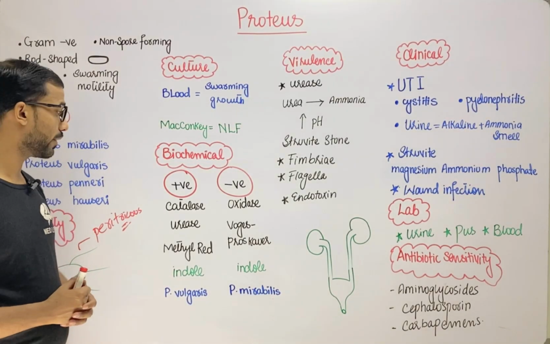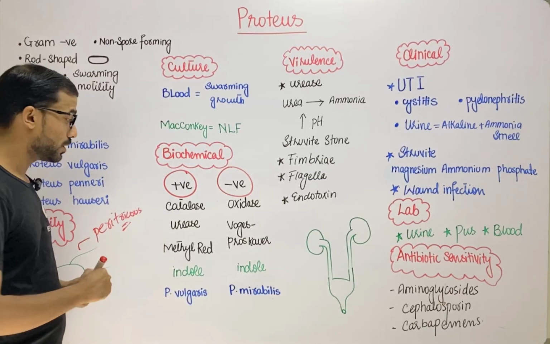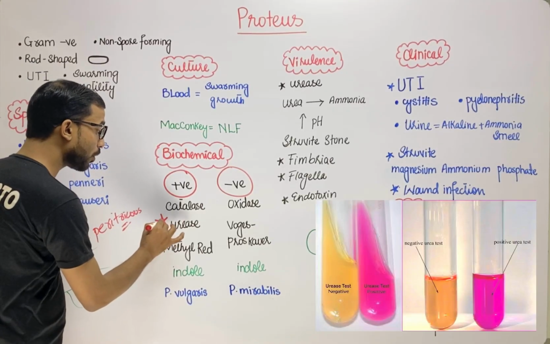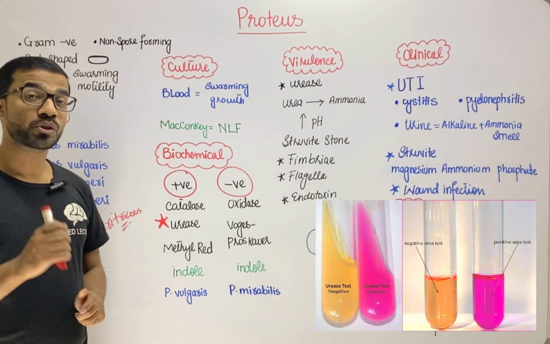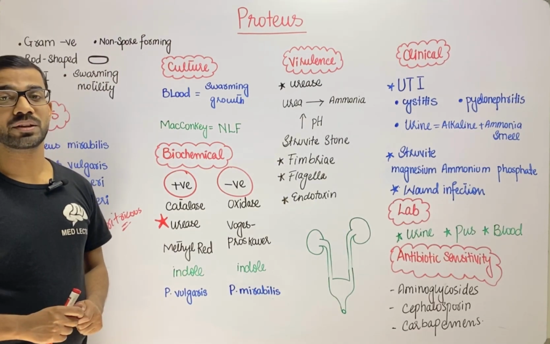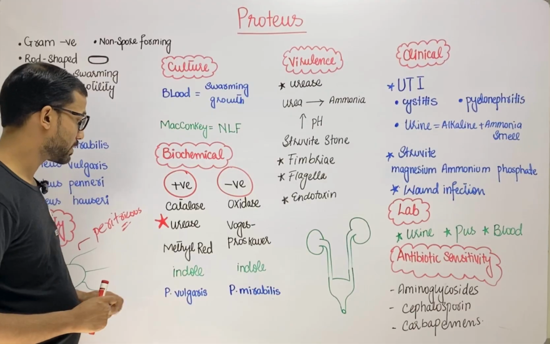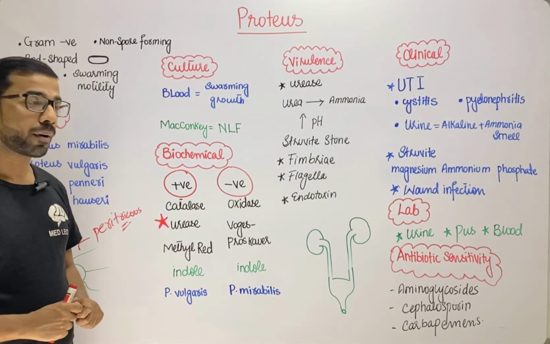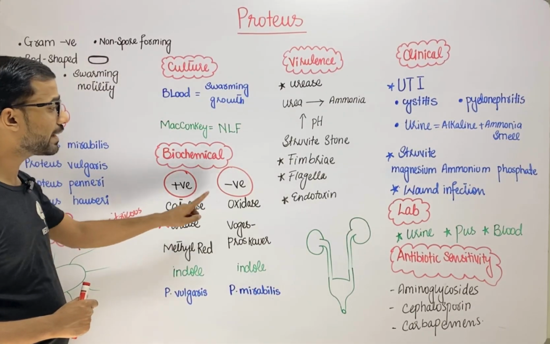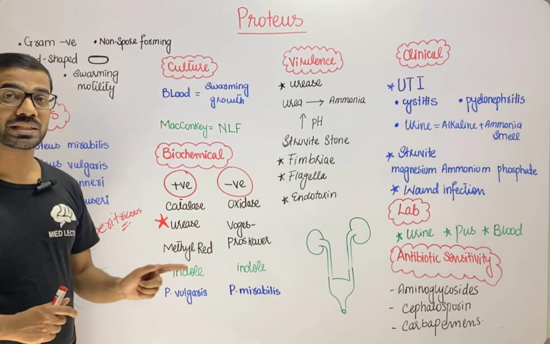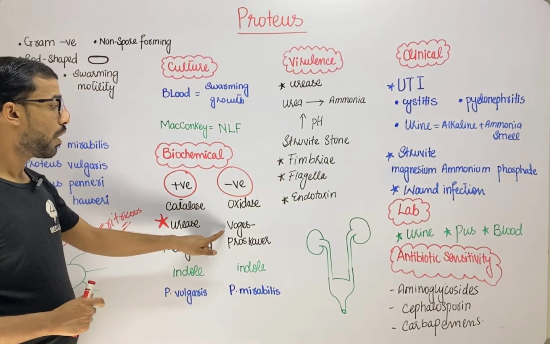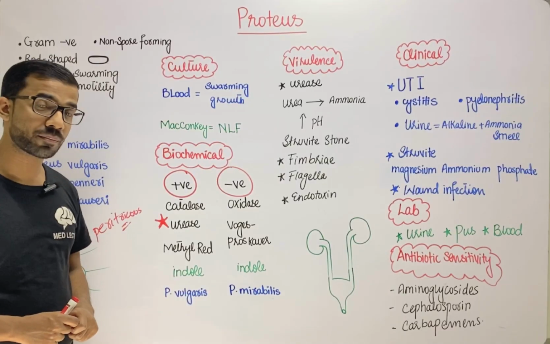Urease, the most important feature: Proteus will produce the urease enzyme, so the urease test will be positive. Methyl red will also be positive. In the case of negatives, the oxidase test will be negative for Proteus. Voges-Proskauer test will also be negative.